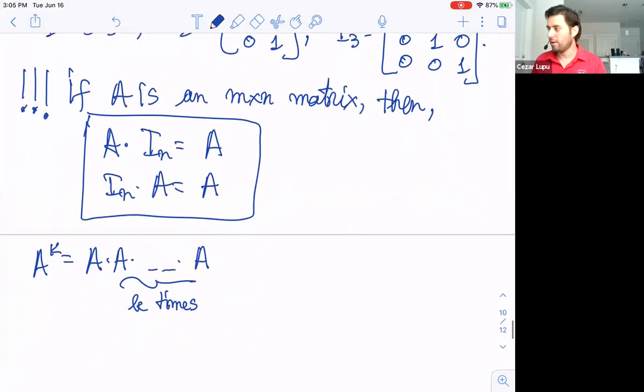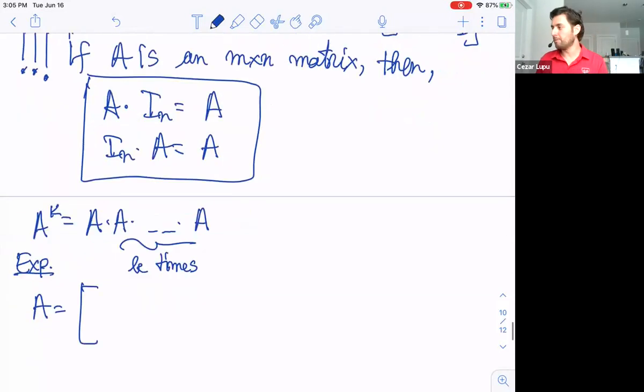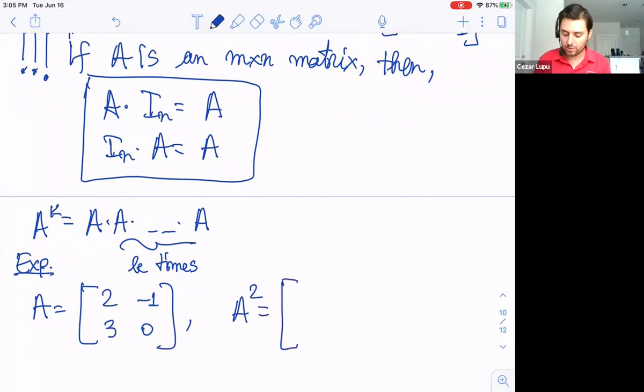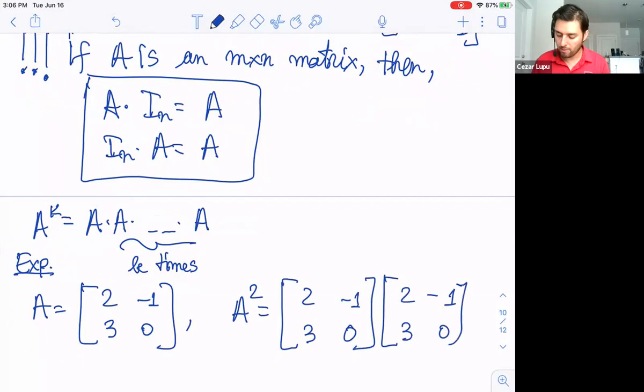For example, if you take the matrix A to be 2, -1, 3, 0 and you want to find A squared, you multiply it by itself, 2, -1, 3, 0 times 2, -1, 3, 0.